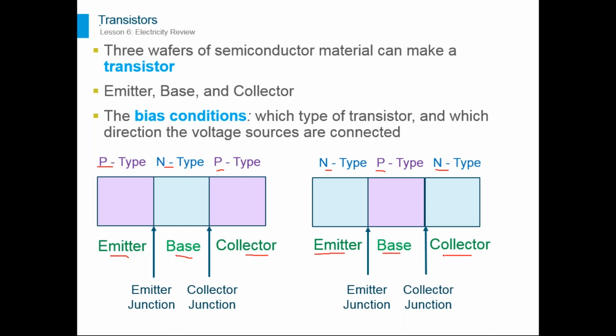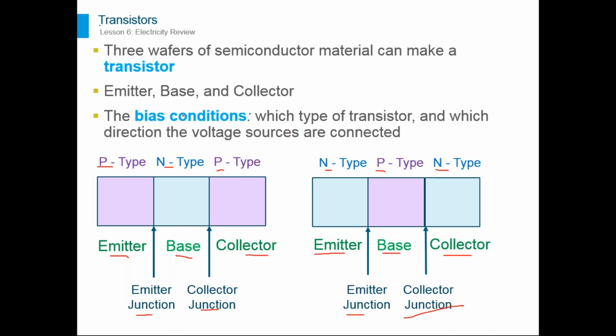The junctions between them have names. The junction between the emitter and the base would be called the emitter junction on either one, and between the collector and the base would be called the collector junction. And the transistor will work differently based on which type of transistor it is and how the voltage sources are connected to it.